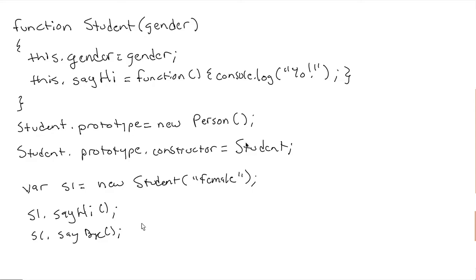Okay, so there's a lot of wiring that has to happen here. So in order to do the wiring, I'm just going to draw a diagram. First of all, we're going to have S1 up here being our reference, and it's going to refer to a student instance because we said new Student. The student instance is going to have a gender, and in this case the gender is going to be female.